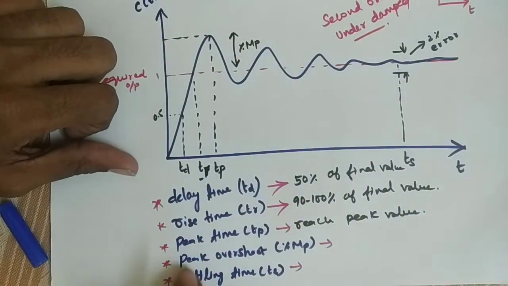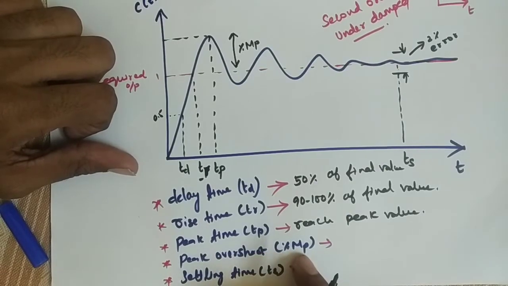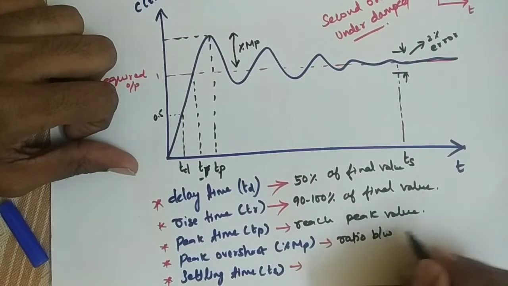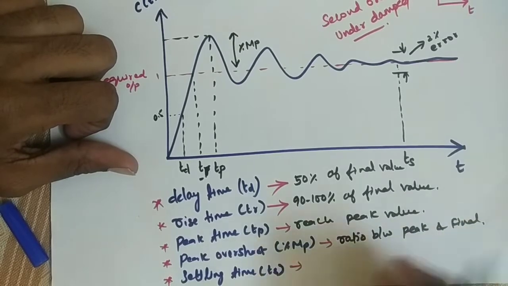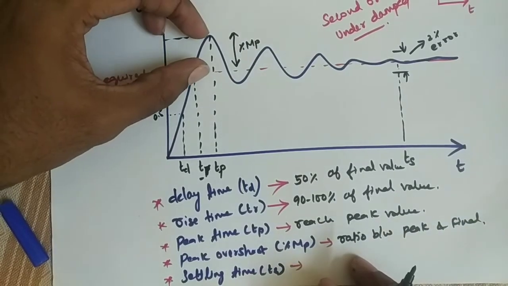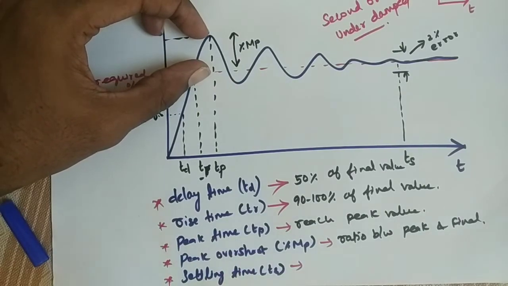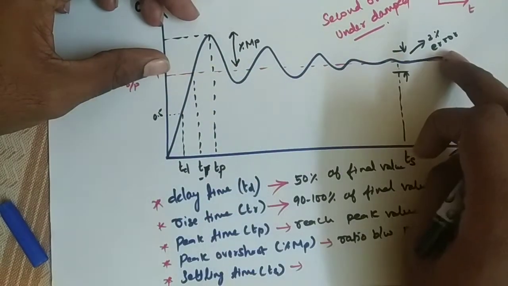Peak overshoot is some kind of percentage value. Actually it is a ratio between the peak value and the final value. It tells how many percent the response is higher than the final value. This is our final value.